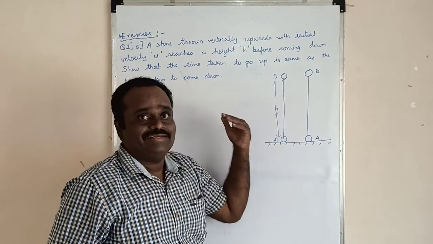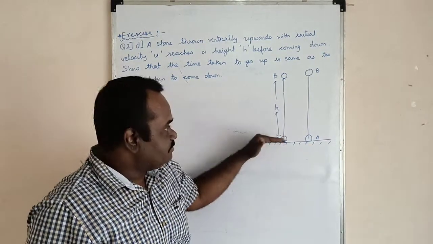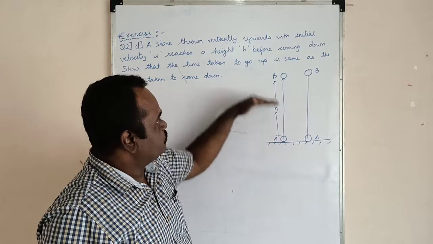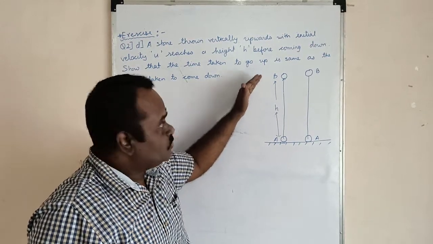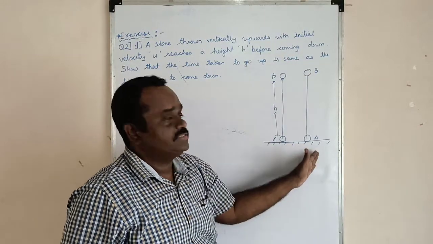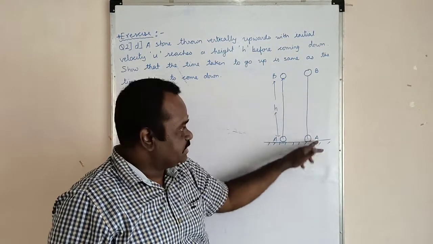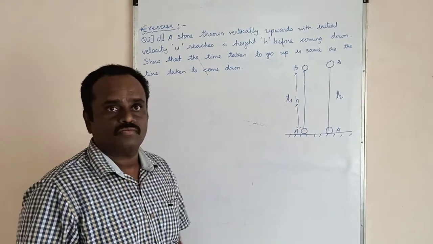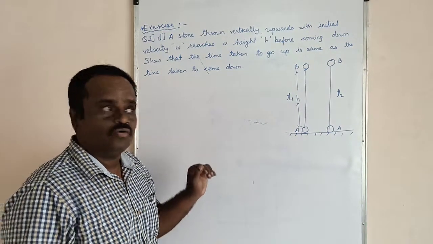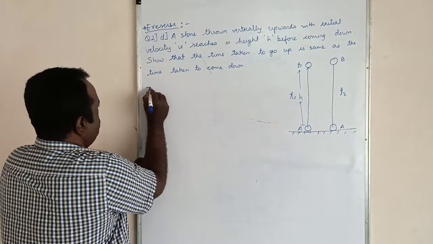They have already said that it takes the same time. Whatever time it has taken from A to B, let us take as 2 seconds, it will take the same time, again 2 seconds, to reach the same point. Understood the question? Now let us see how to solve it.